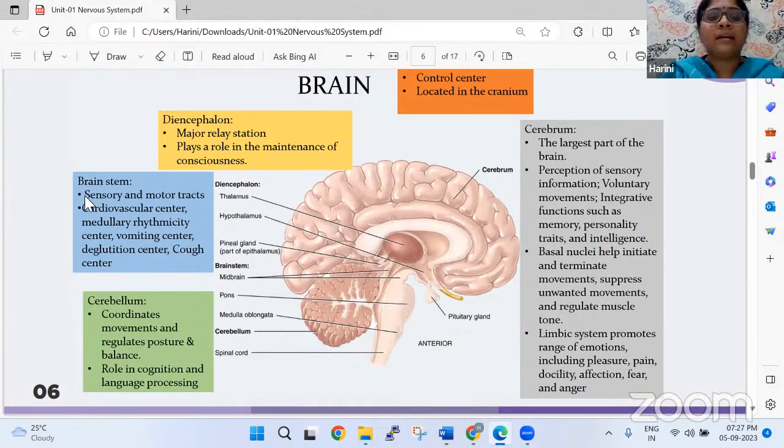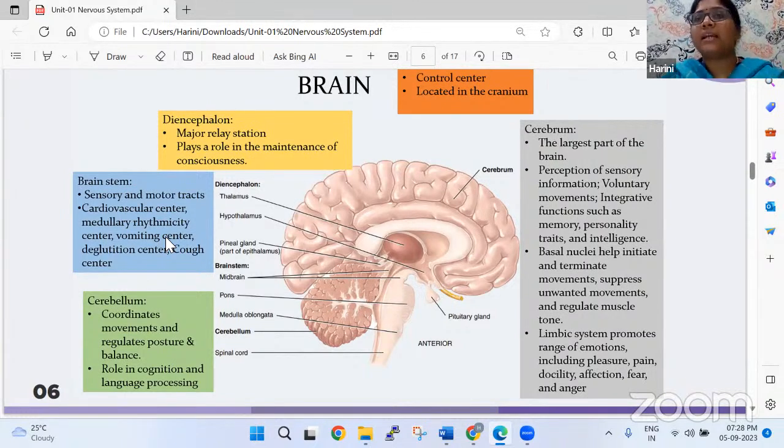Okay, and as I've just now told you, the major functions or the major vital actions are controlled by this brain stem, mainly present in the medulla oblongata, that is the cardiovascular center, which is involved in the heartbeat, the medullary rhythmicity center, which is mainly involved in the breathing action, and the vomiting center. You all know the vomiting center, right?